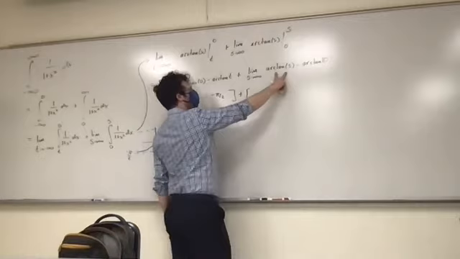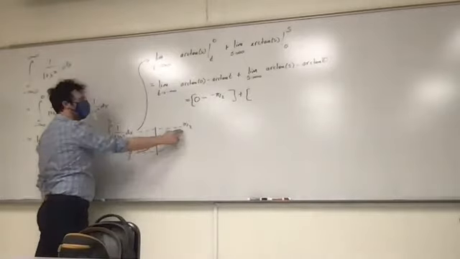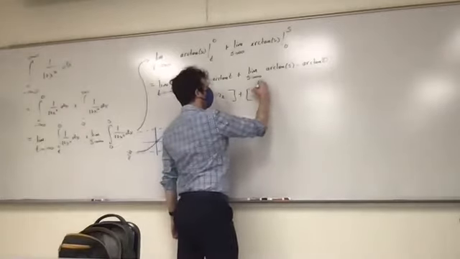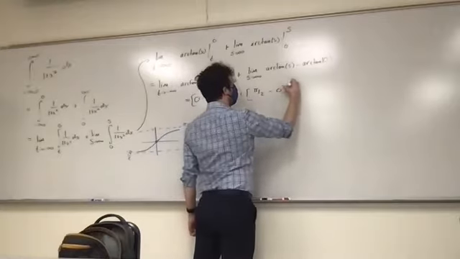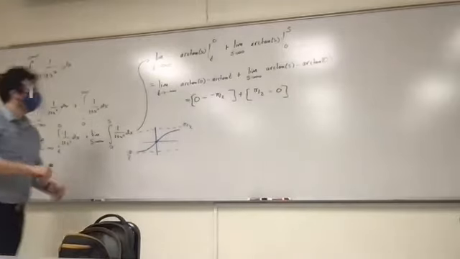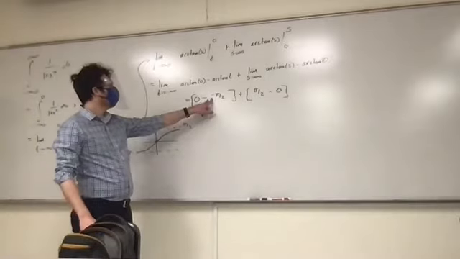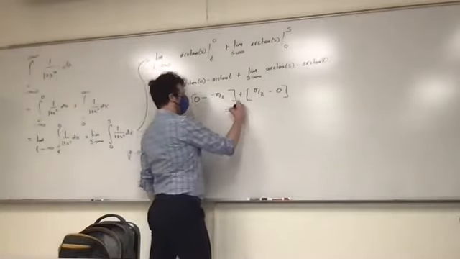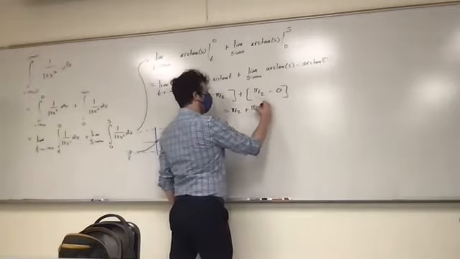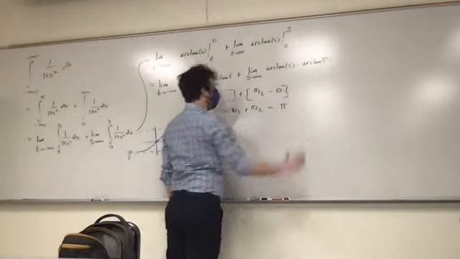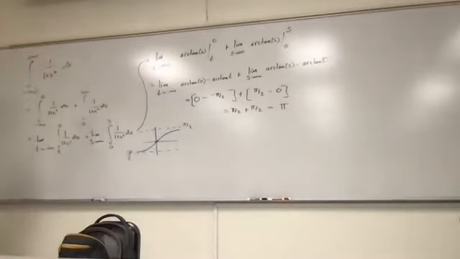And then here we're going out to the right, so we're going to positive pi over 2 minus 0. And those negatives cancel. Pi over 2 plus pi over 2, which means we actually get exactly pi.